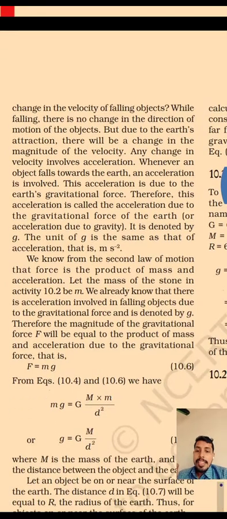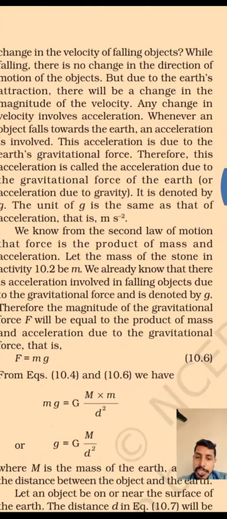Then F is equal to the product of mass and acceleration, F is equal to ma. In that, we replace a with g because the stone is falling down. This acceleration is due to gravity, so force is equal to mass into acceleration due to gravity, mg, equation 10.6.